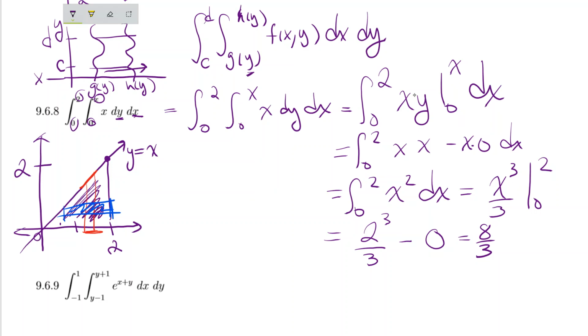Now, don't make the mistake of thinking that this is area. Remember, I'm doing volume. The 3D picture of this looks like, don't let this blow your mind too much. Y equals x. There's my triangle base, my region R. And then I have the function f of x equals x, which forms a cut plane above this.